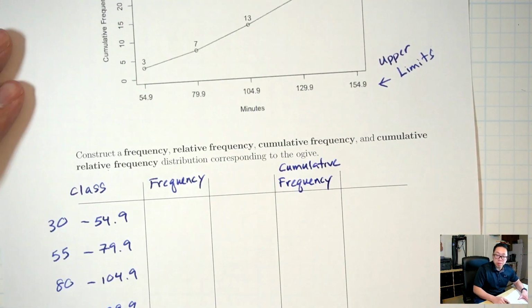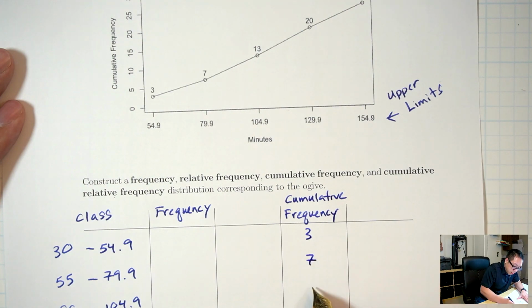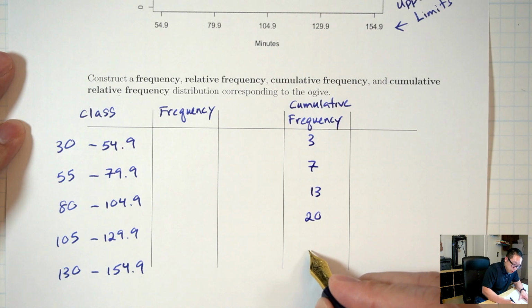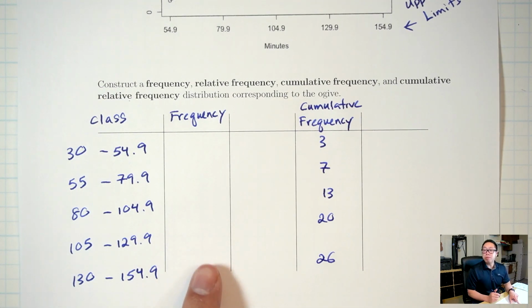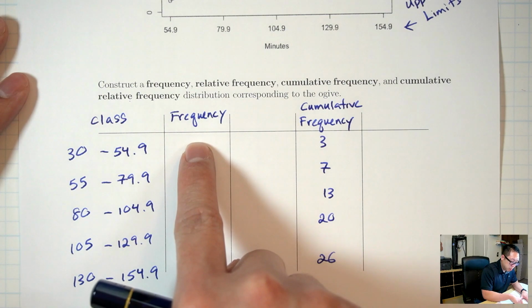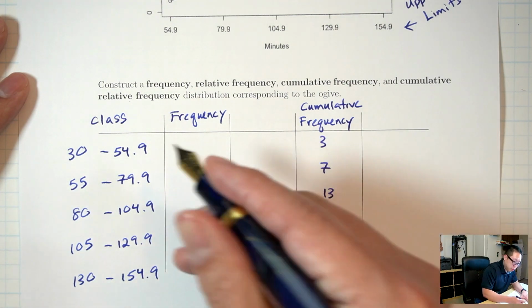So the cumulative frequencies we know are 3, 7, 13, 20, and 26. Now, can you go backwards and get the regular frequencies? So we know that the first regular frequency and cumulative frequency should match. So this one is 3.